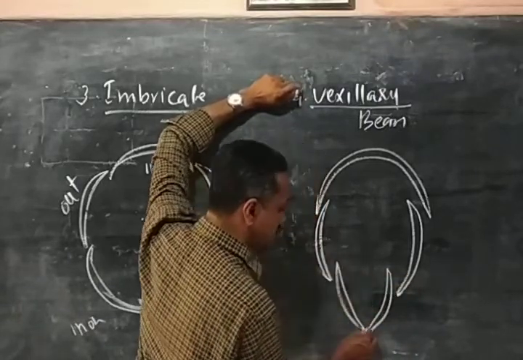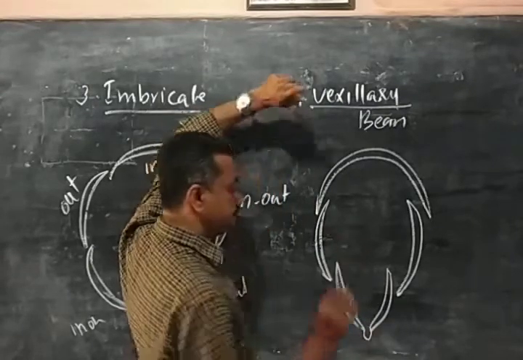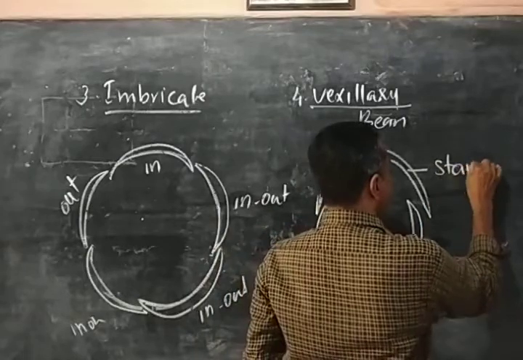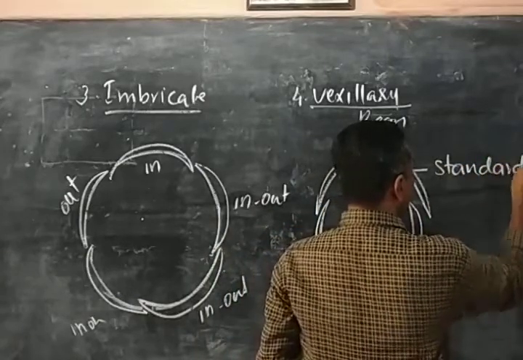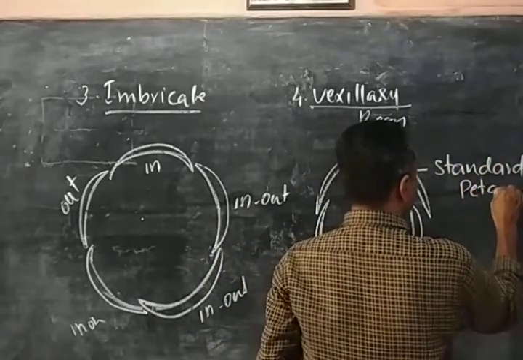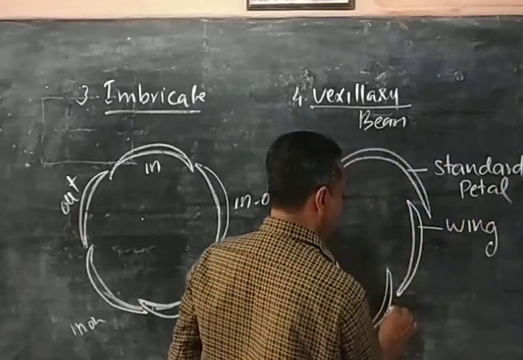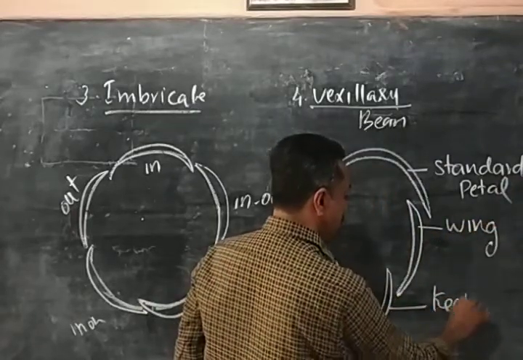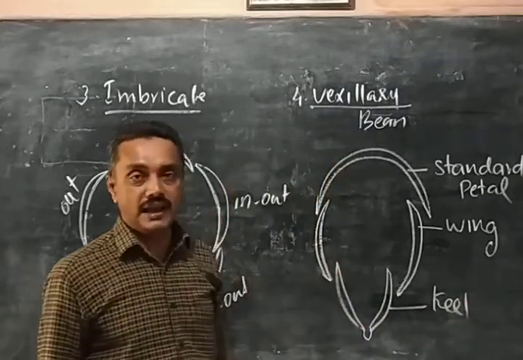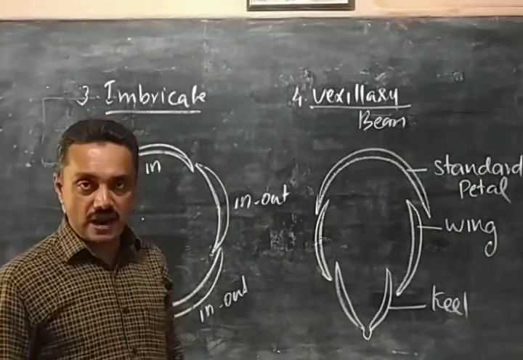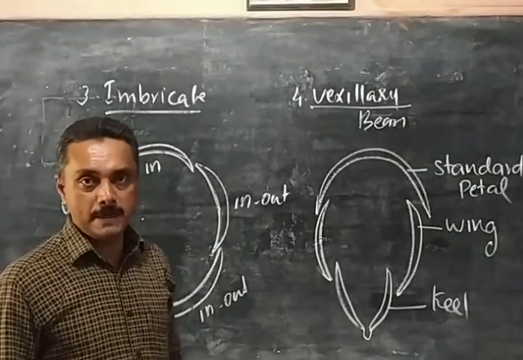These 2 petals are joined here. This petal is called the standard petal, these petals are called wing petals, and these petals are called keel petals. This is a particularity of the Fabaceae family, the beans family, pea family.